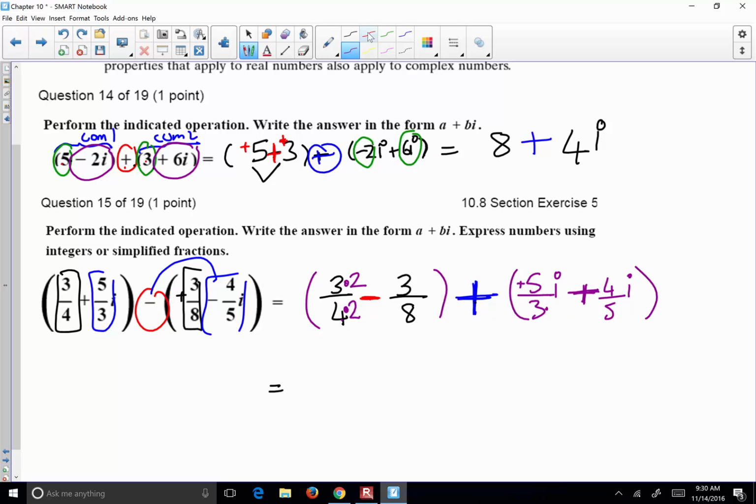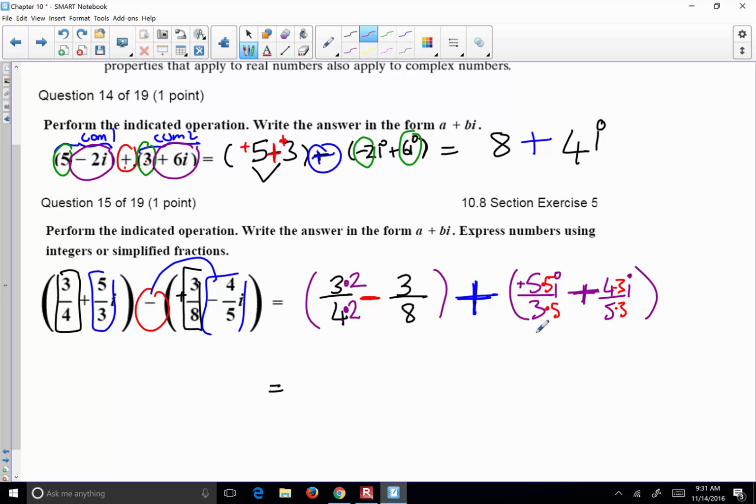But I could multiply it with 2 and make 6, but no, it's not gonna make 5. So I need to multiply both with something so they can meet, and they will meet at 15. 3 goes with 5. 5 goes with 3, so they can make 15. Least common multiple or common denominator of 3 and 5 is 15.